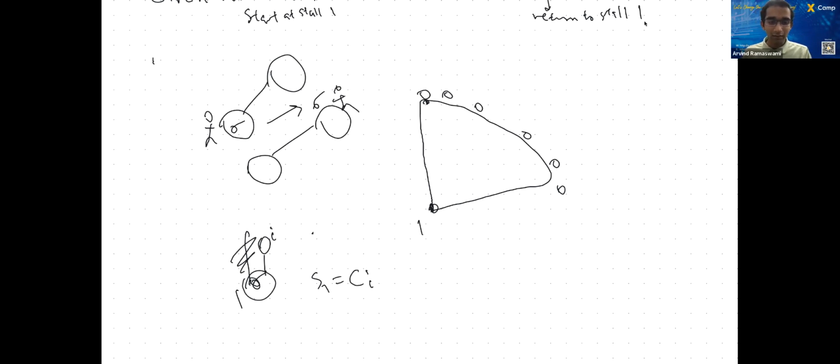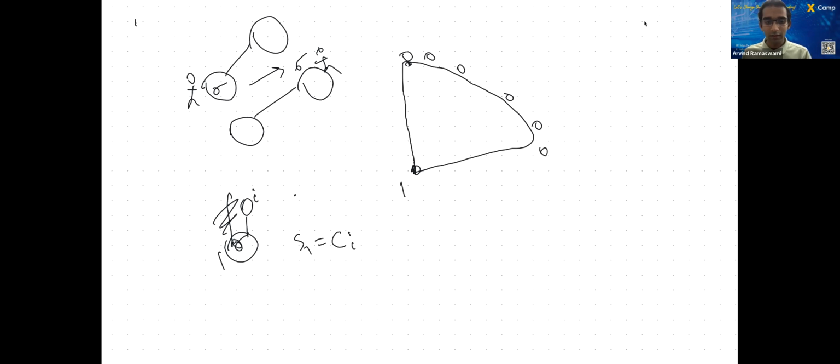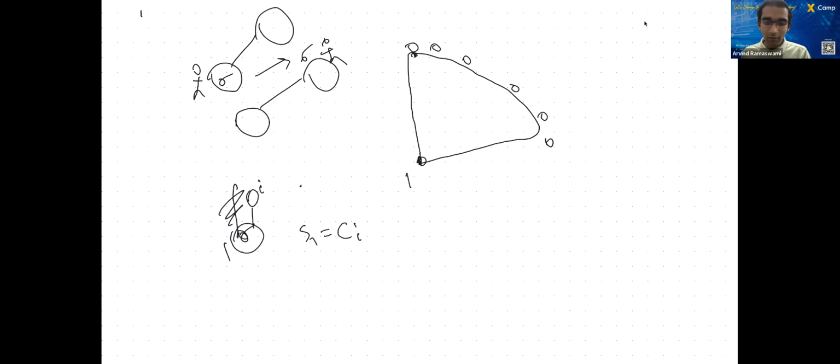So let's say I explored some connected component that contains stall 1, and I have all the keys. These are everything that I've explored, and these are things that I haven't explored yet. The way to reach one of the neighbors is if the color i is one of the keys you're holding.